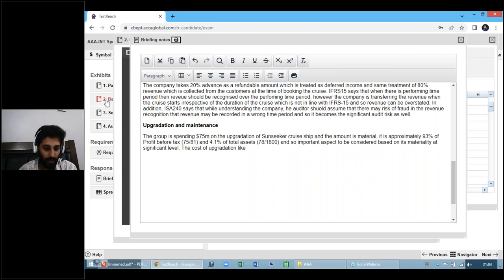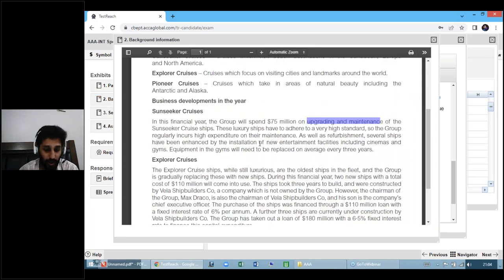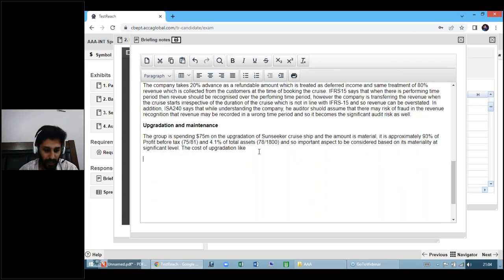let's get the words from the information. Refurbishment, installation of new facilities, the upgradation, like installation of new facilities like gyms, cinemas, capital expenditures.